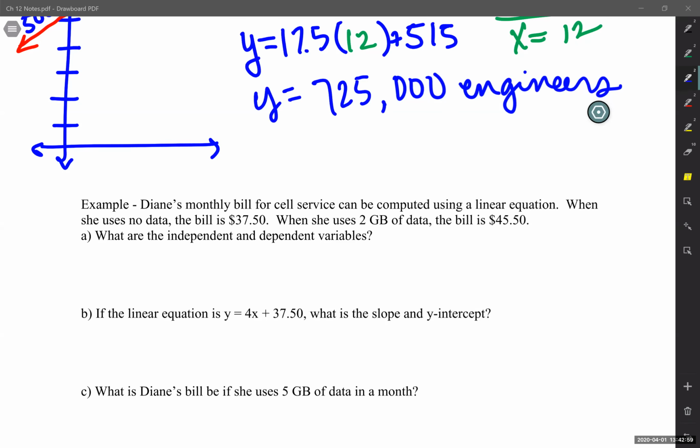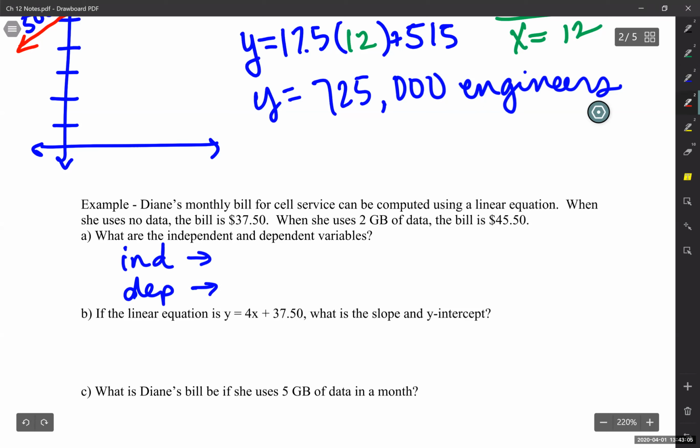So what are the independent and dependent variables? The independent is another word for x, and dependent is another word for y. So we're getting ready to set up our equation. Think about it: which one affects the other? Do you have control over how many gigabytes you use, or do you have control over how much your bill is?